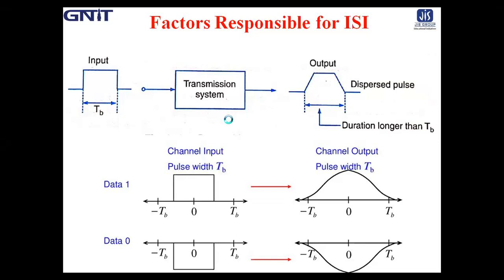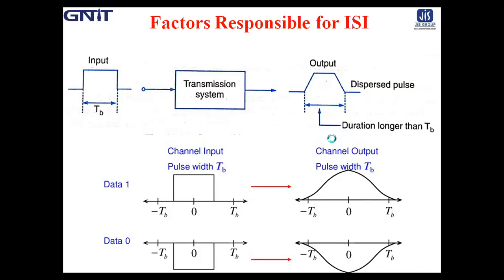When a short pulse of duration T_b seconds is transmitted through a band limited system, then the frequency components contained in the input pulse are differentially attenuated, and more importantly, differentially delayed by the system. Due to this, the pulse appearing at the output of the system is dispersed.